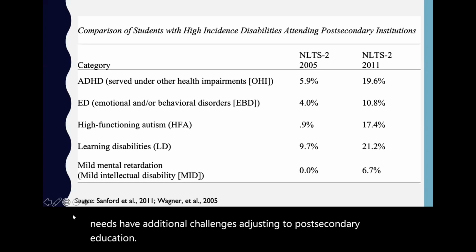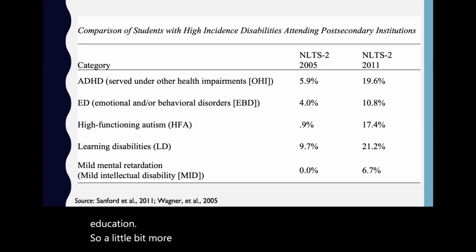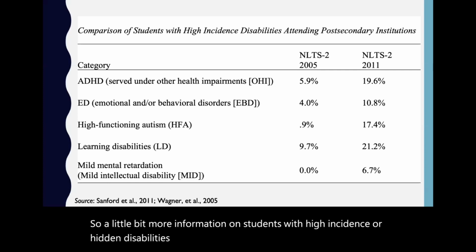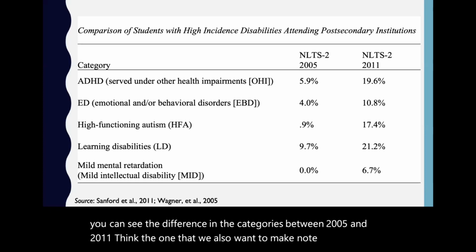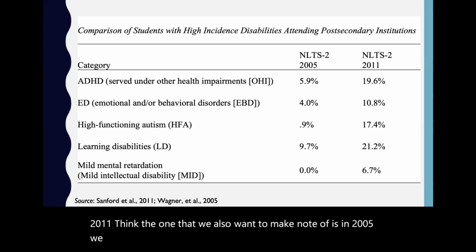So a little bit more information on students with high incidence or hidden disabilities who attended post-secondary institutions. And you can see the difference in the categories between 2005 and 2011. I think the one that we also want to make note of is in 2005, we had 0 students with intellectual disabilities attending post-secondary ed.